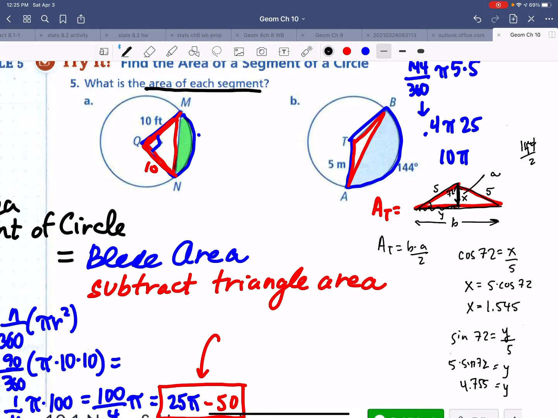But we need to double that. So my base looks to be 9.511, and my altitude is this 1.545. So the area of my triangle is base 9.511 times altitude 1.545 divided by 2.